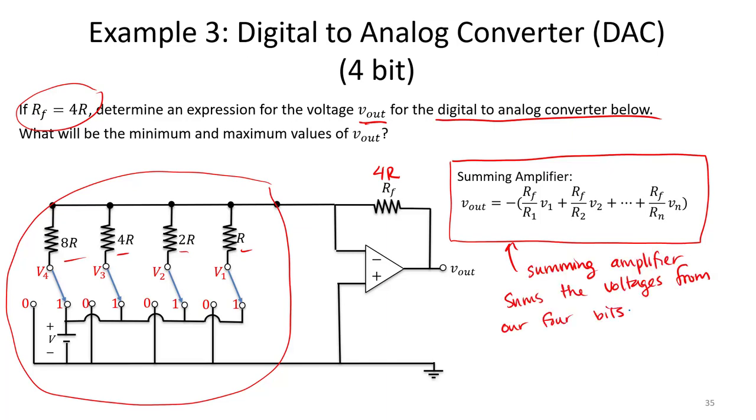And then by summing the voltages across each bit, we can convert that 4-bit signal into some analog output or some continuous voltage. So if you'd like, go ahead and pause the video and see if you can correctly determine the expression for this output voltage. Otherwise, let's go ahead and do it together.